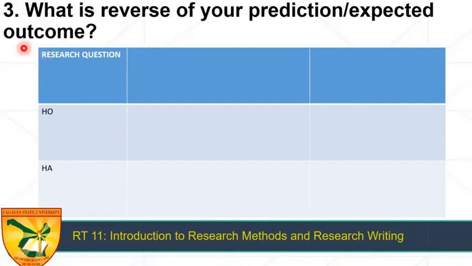This is for your activity 2.2 for statement of hypothesis. You determine first if you have questions or if you need a hypothesis. And then you will be writing your research question here first, and then the null hypothesis and your alternative hypothesis.